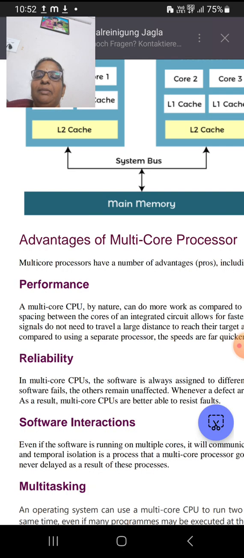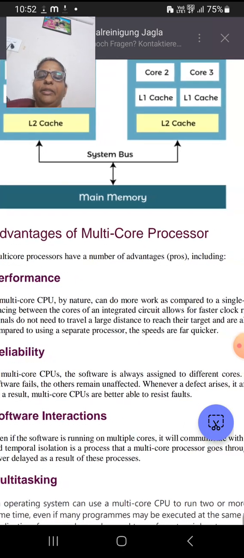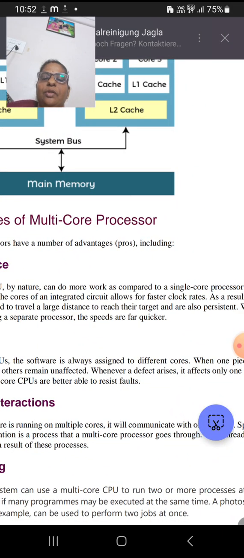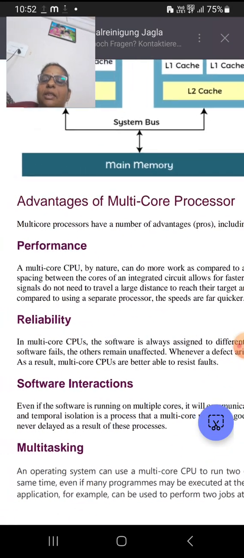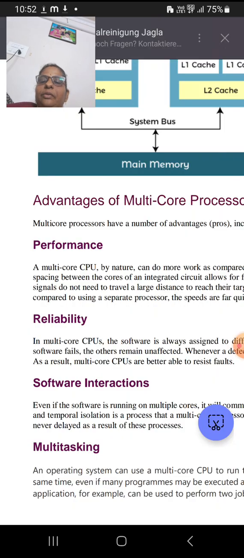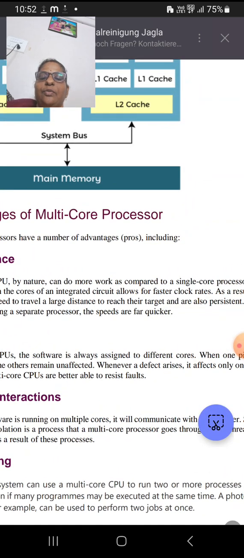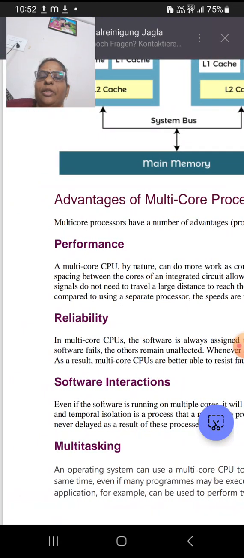The spacing between the cores of an integrated circuit allows faster clock rates. As a result, the signal does not need to travel a large distance, compared to separate processors, which improves the speed.